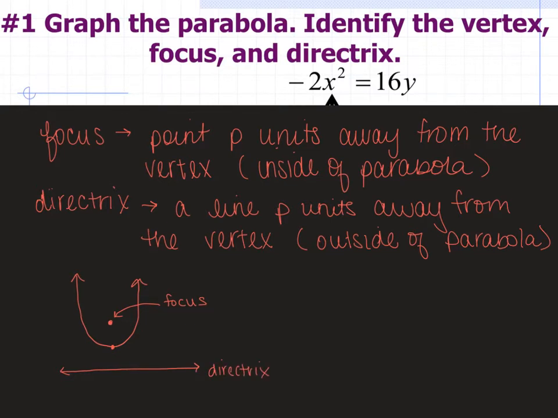If I could count the distance between my focus and my vertex and between my vertex and my directrix, they would be congruent. The measure is exactly the same from the vertex to the focus and from the vertex to the directrix. So that's actually the whole idea of a parabola.